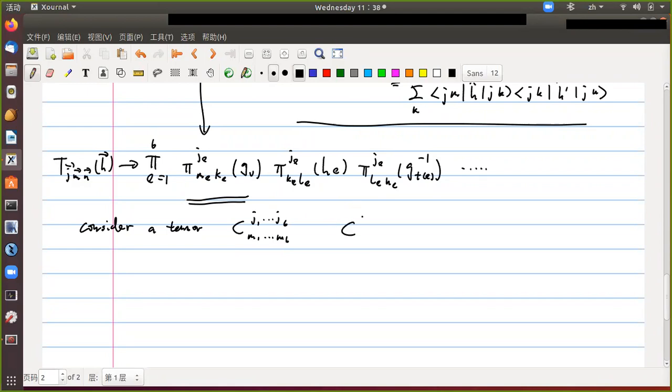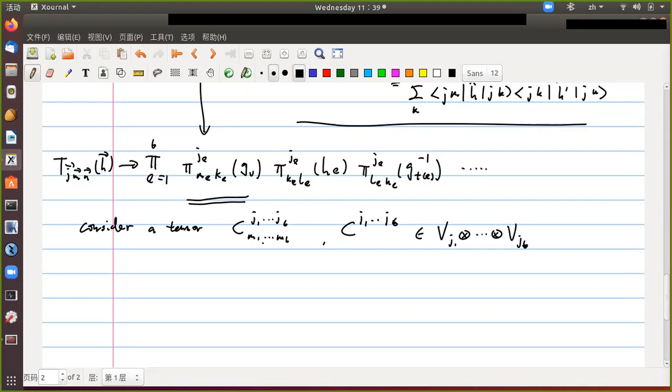So here you can write C with j1 to j6. It is a tensor, or a state, belonging to the tensor product Hilbert space j1 to j6. It is a rank 6 tensor.